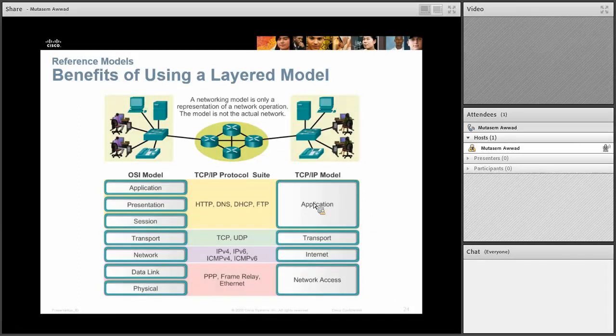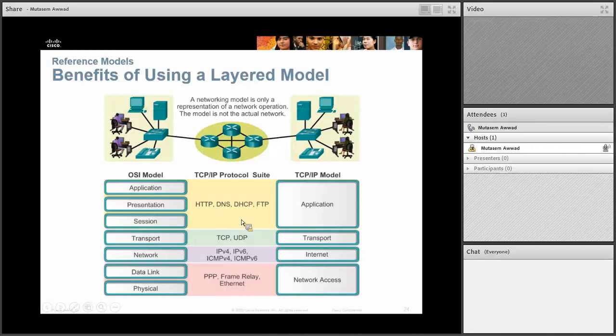So they used the United States DoD model, the Department of Defense model, the TCP/IP model. They took it and broke it into 7 layers instead of 4. They took the top 3 layers of the OSI, made it into an application layer. The transport was left the same. The network was left the same, but they changed the name from internet to network. And the network access was broken into 2 layers, data link and physical.